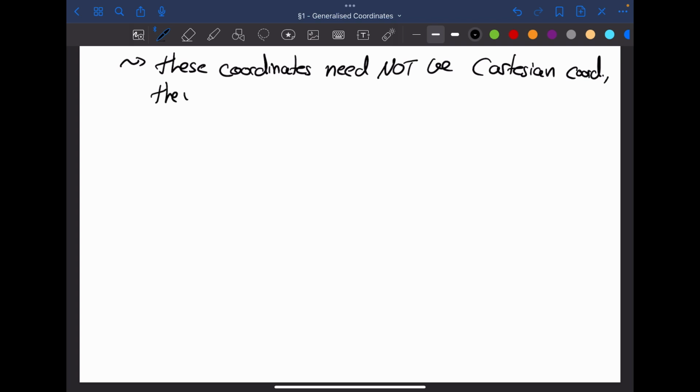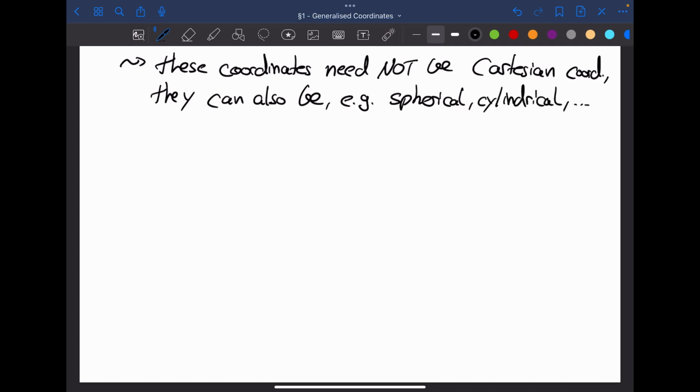They can also be, for example, spherical coordinates or cylindrical, or really any other system. Like these two are just because these symmetries are quite common, but you could have completely wild descriptions of the system. And as long as they can fully determine the position of the system, it's fine.